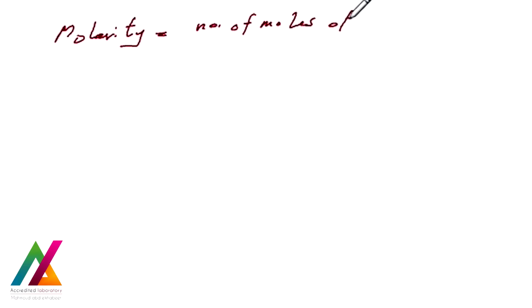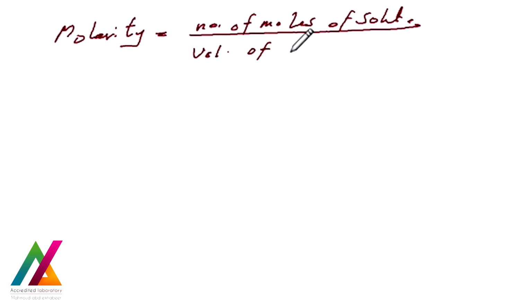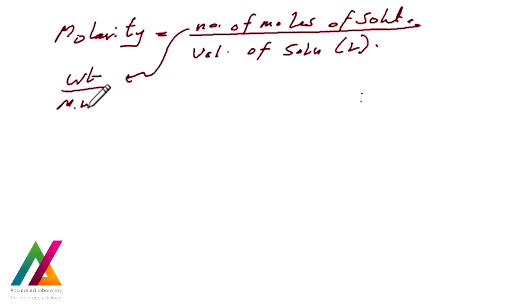First, we can calculate molarity. Molarity is equal to the number of moles of solute divided by the volume of solution in liter. The number of moles of solute is equal to weight divided by molecular weight.